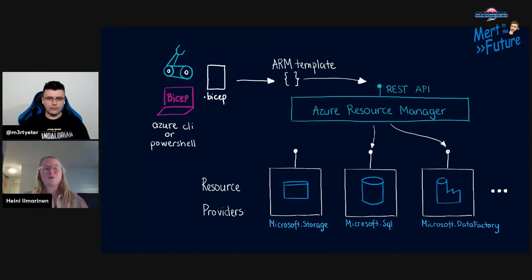So Bicep is almost like a shim in front of the ARM templates that makes the authoring a whole lot easier and makes the syntax so much easier to understand and create. And you'll see in a bit how easily you can create your first resources. Yeah, that's how we get started.